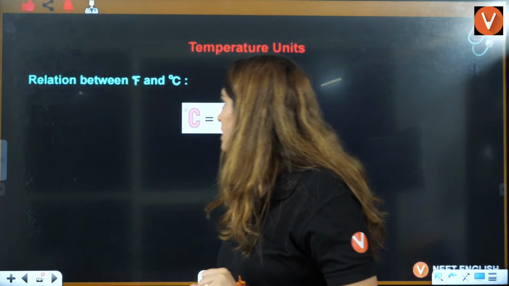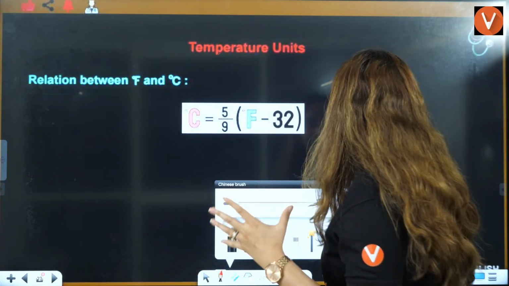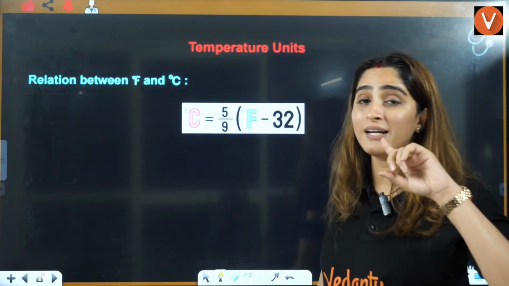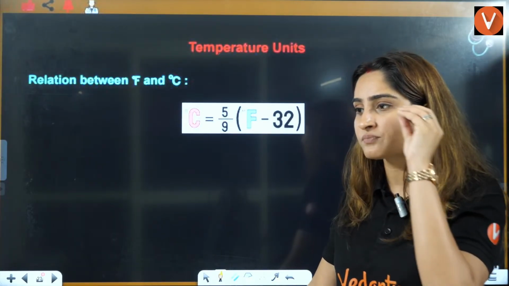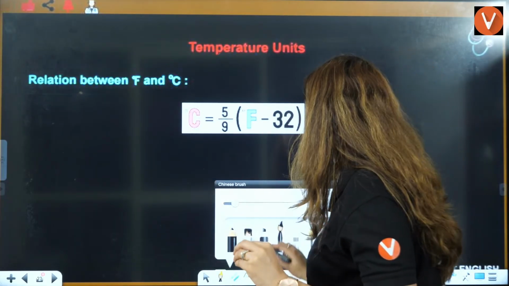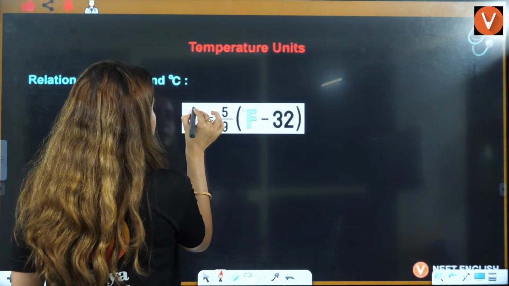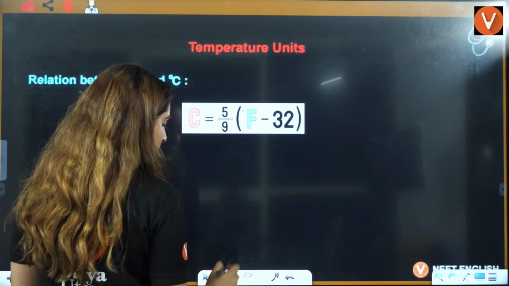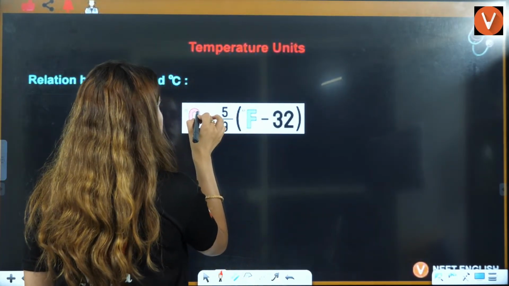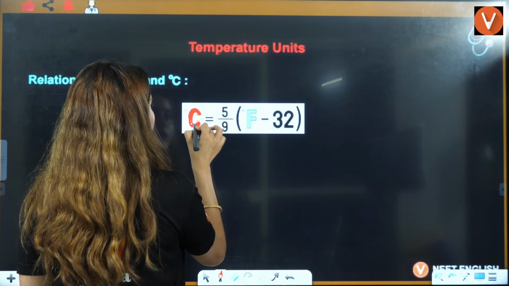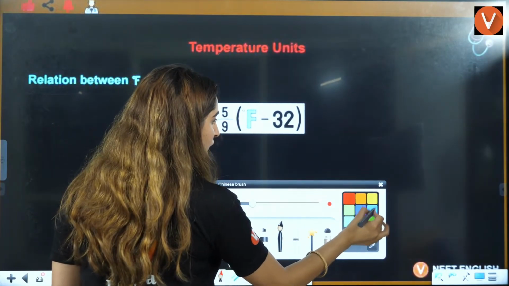Let's see this here. If you talk about degree Celsius and degree Fahrenheit, what is the formula for that? Guys, this is the formula. This is degree Celsius and this is Fahrenheit.